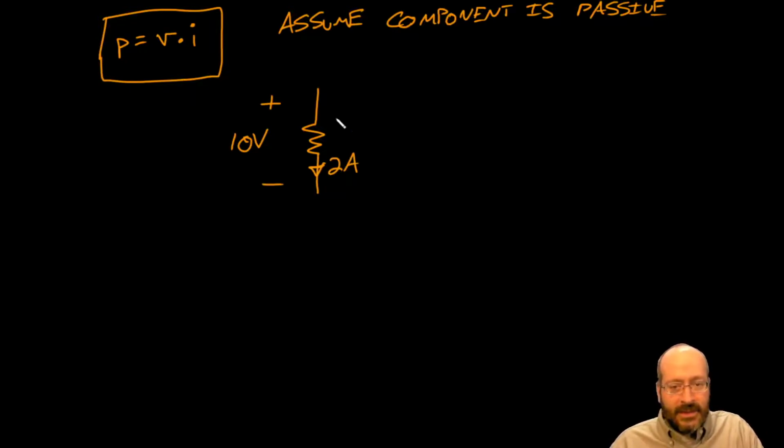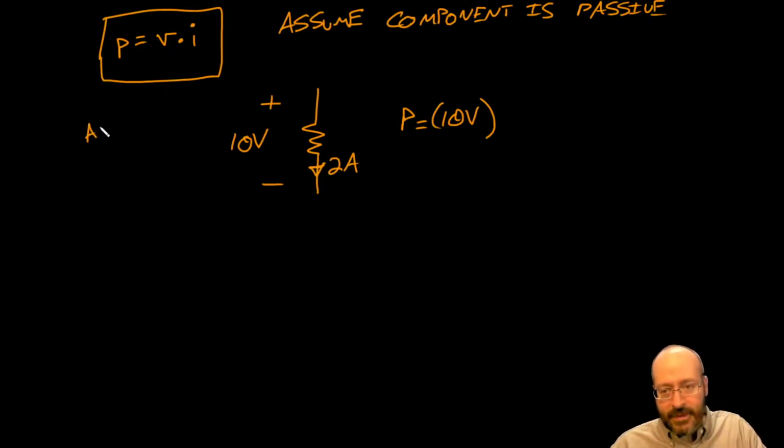Okay, if I want to calculate the power being dissipated by this resistor, I'm going to say the power is whatever the voltage is, and then I look at the sign, and we have to say, is that flowing in the positive direction or negative direction?